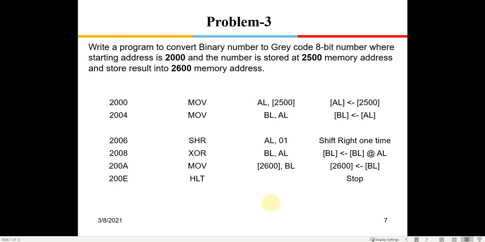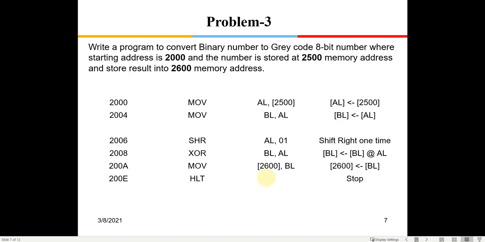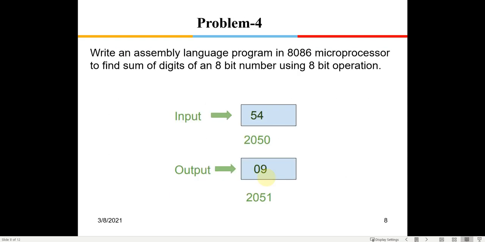Why are we shifting only once? Because this is how the hardware implementation is: you need to do XOR only between one bit and the previous bit, so we need to move this data by once. That is the reason we are doing it once.